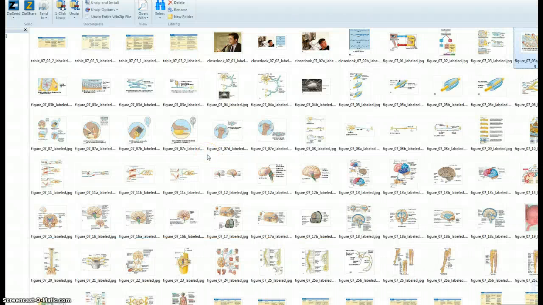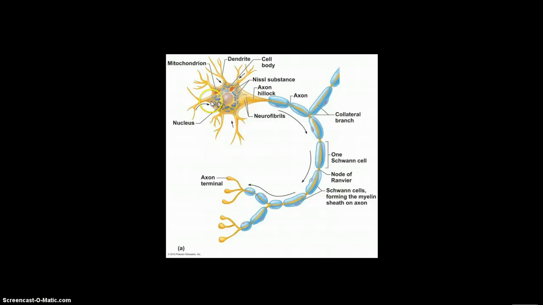So let's look at another diagram, and that is one of an individual axon or neuron. Actually a neuron, a neural cell.